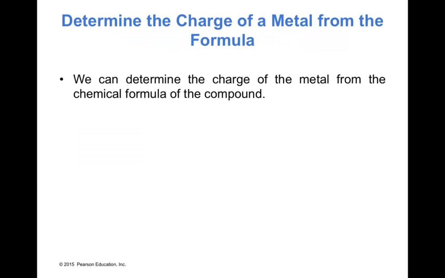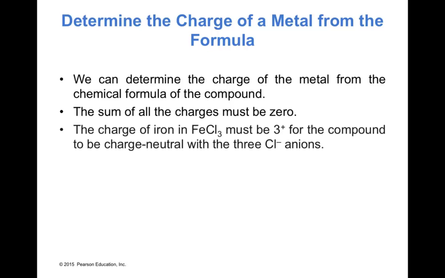We can determine the charge of the metal from the chemical formula of the compound. The sum of all charges must be zero. Remember, when you have a compound, that compound is neutral. That means the charges must cancel between the ions that form that ionic compound. So if you have a +4, you need a -4. If you have a -3, you need a +3, to cancel them when you are creating or looking for the chemical formula of an ionic compound.